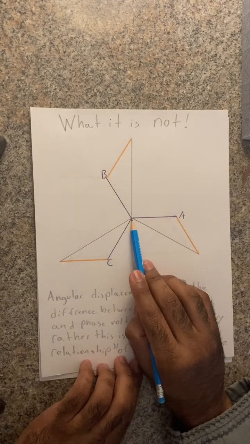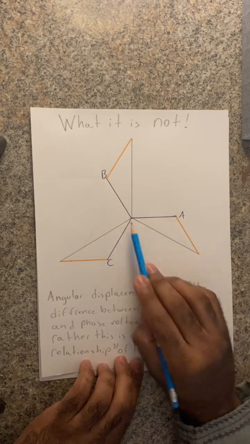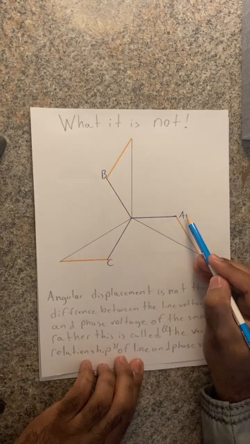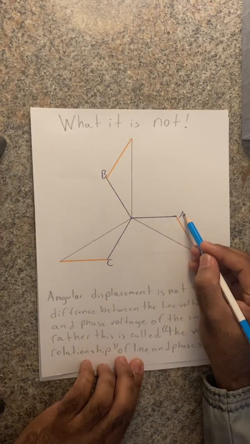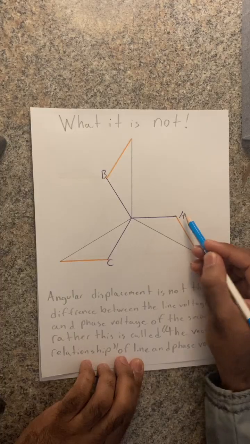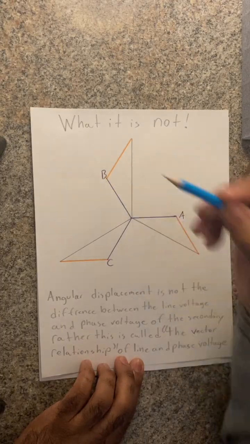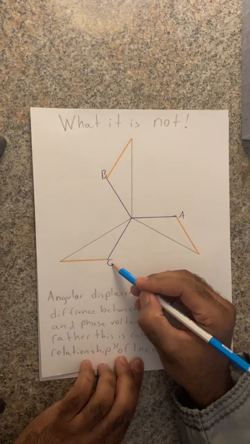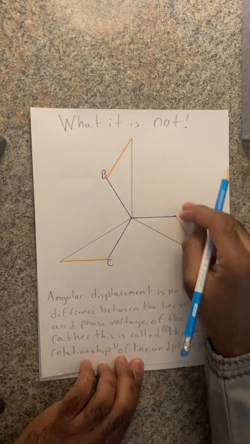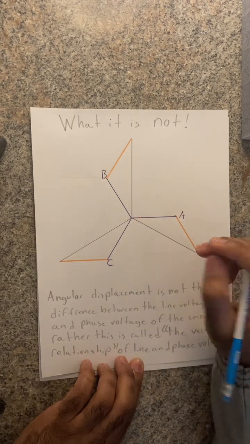In this situation, we have a Y. We will consider this to be A, we will consider this to be B, and we will consider this to be C. In our instance, this will be considered our positive direction.